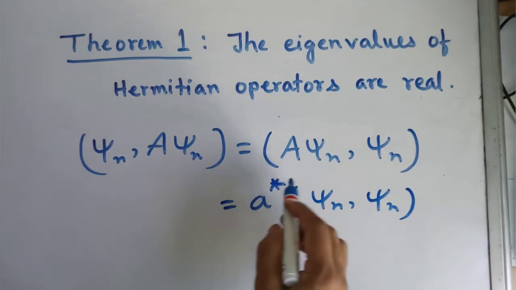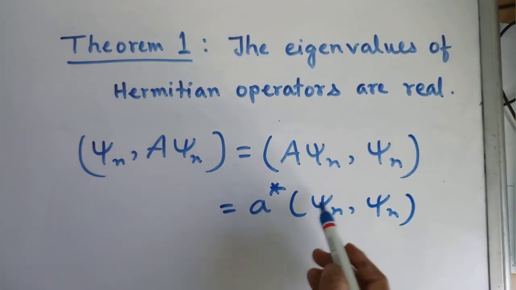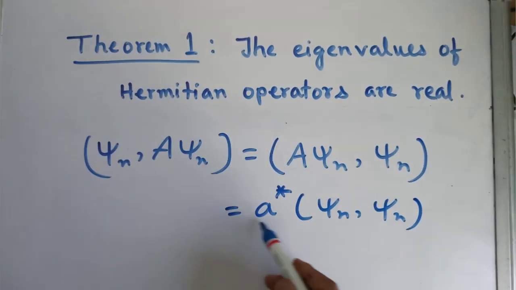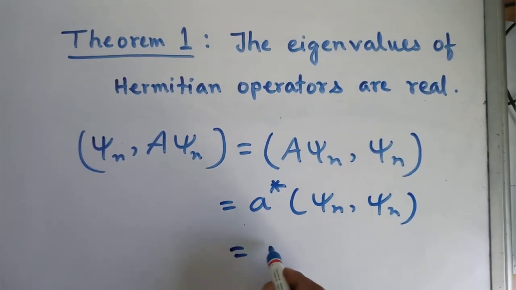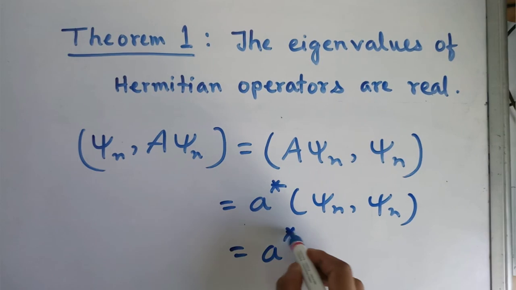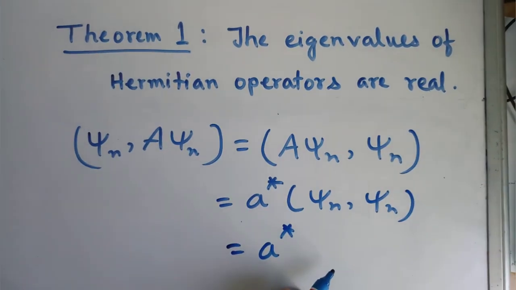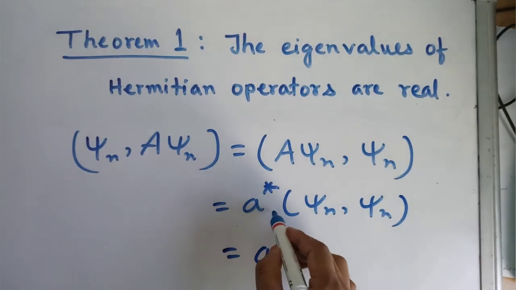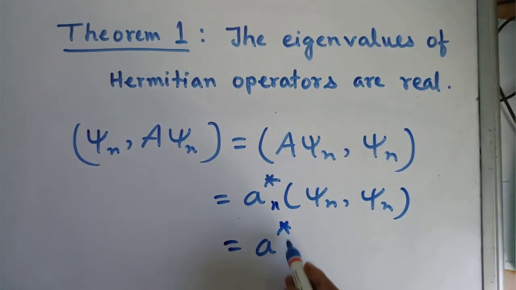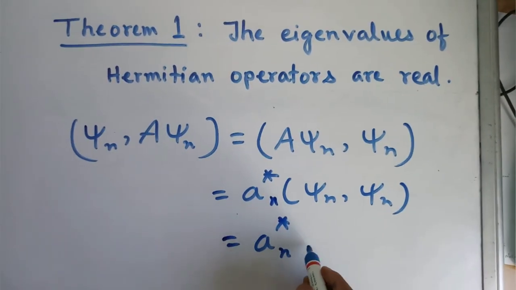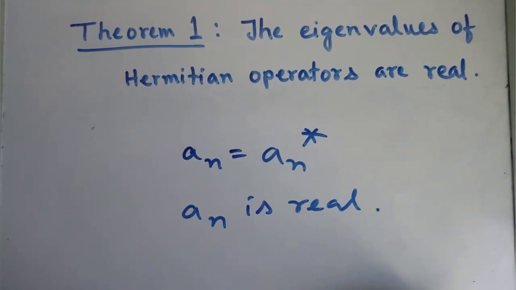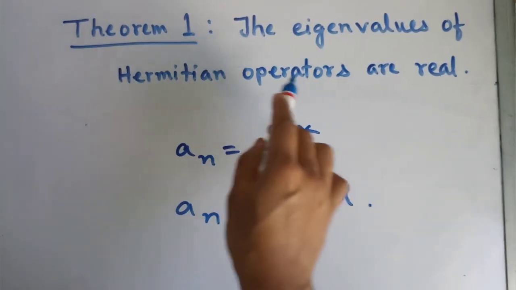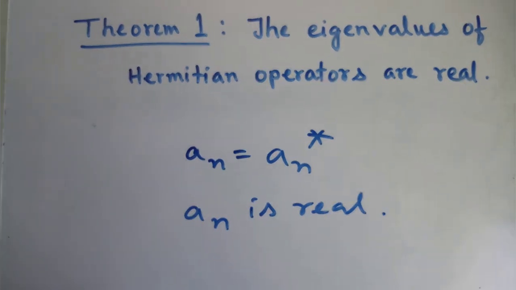I think you understand how we will get a star. So again this gives your a star term. I just forgot writing the suffix n. That means eigenvalues of Hermitian operators are real.